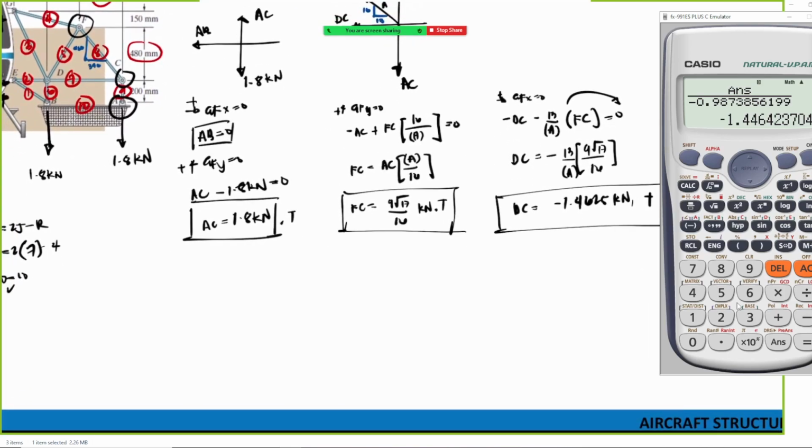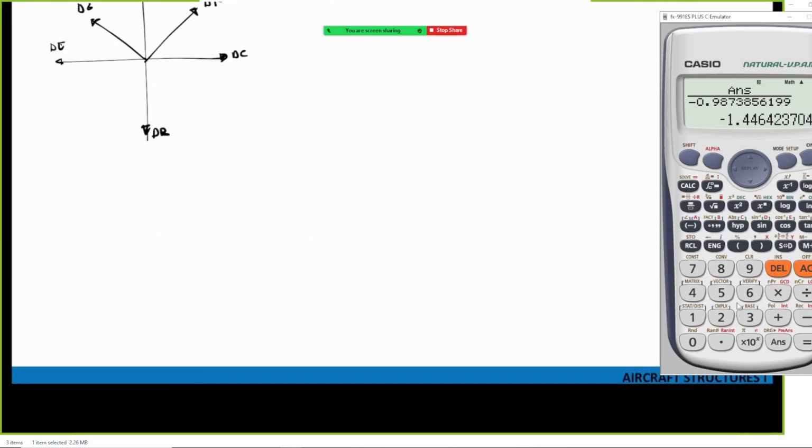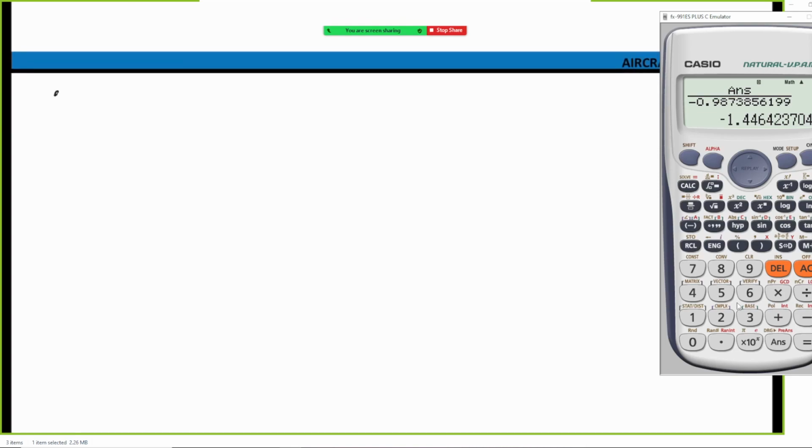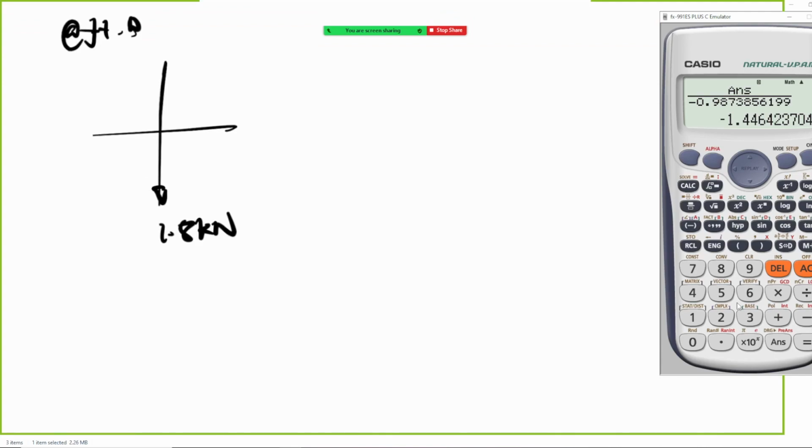So kung magjo-joint B tayo, we have summation forces. Okay, drawing na lang natin. So dito na lang. Okay, at joint B, what we have there is the 1.8 kilonewton. Okay, ano pa? The AB.